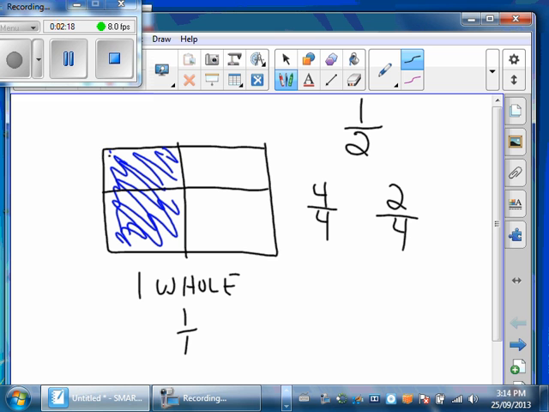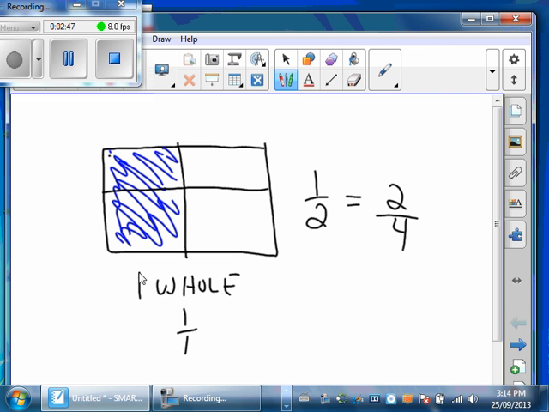Well, now if we start to actually think about it, we haven't changed the overall size or shape of this entire unit. This entire object hasn't changed at all. All we've done is cut it into smaller parts. So what we can say is that 1/2 is the same as, or equal to, 2 out of 4, 2/4.